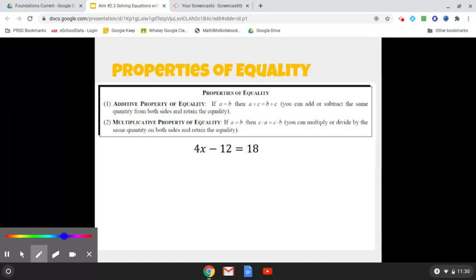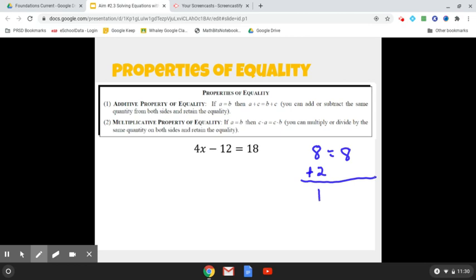And let me show it on a real simple scale. Here's a real simple equation. 8 equals 8. Totally true. Now, what the additive property of equality says is if I add something to one side or subtract something, it goes for both. If I was to just do it to one side, it wouldn't stay equal.